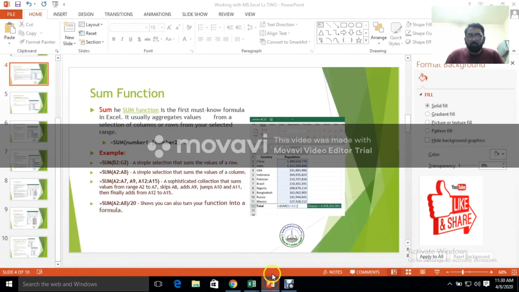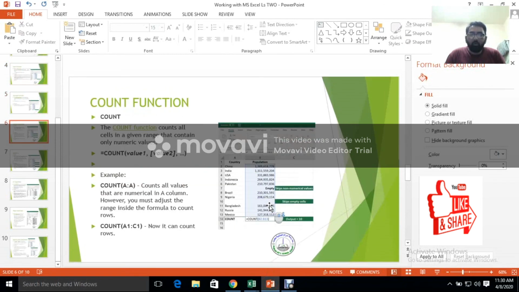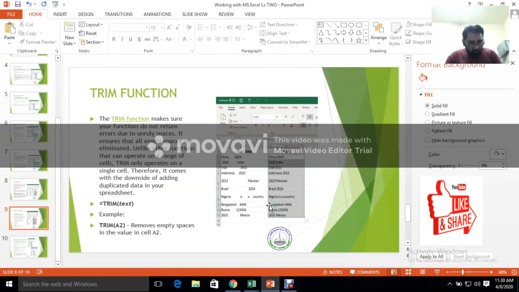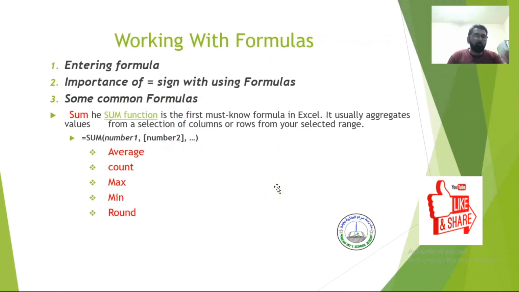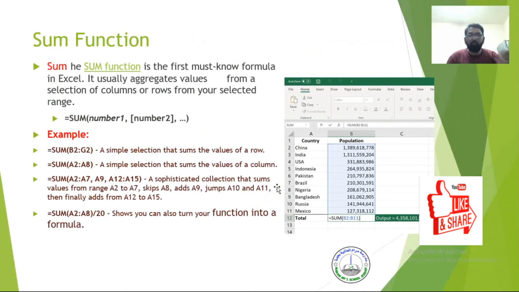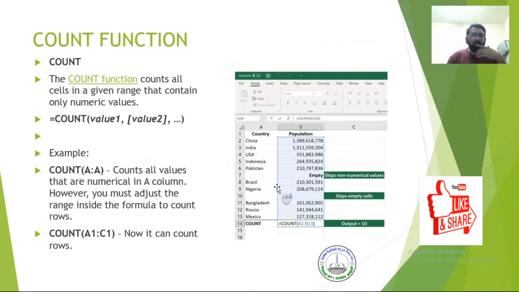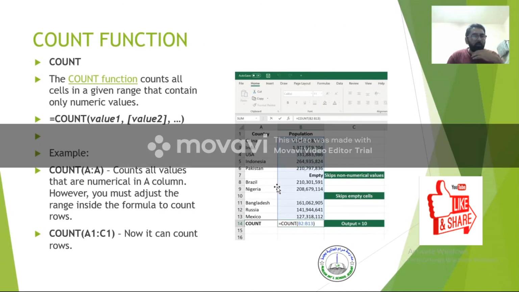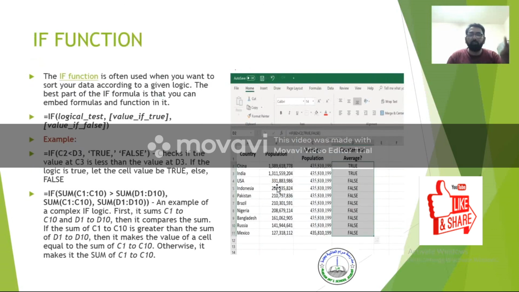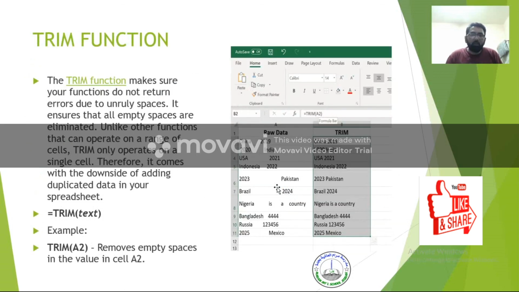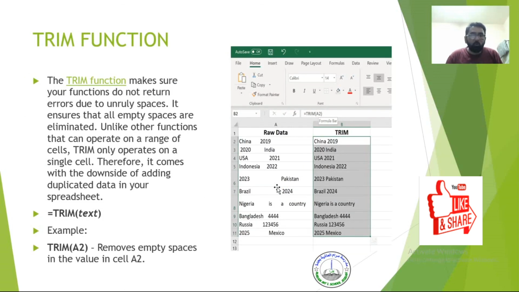So boys, this is quite simple, and if you practice this whole session, these formulas, average, count, maximum, minimum, round, if condition, you can easily apply them. By applying them in different conditions, you can get different results, and you can produce your things in a very good way.